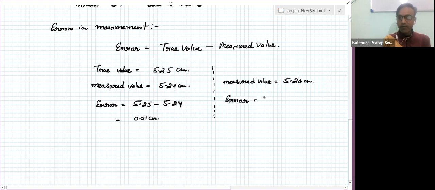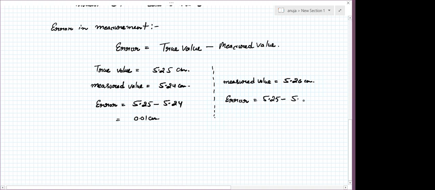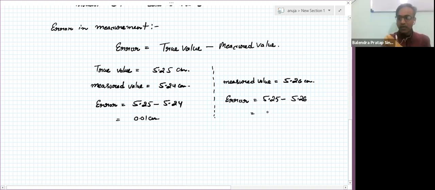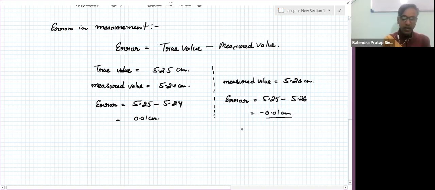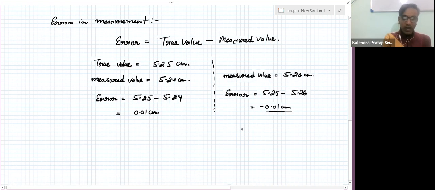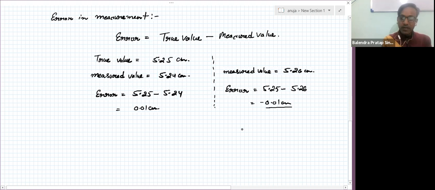Error is 5.25 minus 5.26, and here you get minus 0.01 centimeter. So error can be negative or positive. Okay, but in our calculation we will take the magnitude of this value. We will always take positive value. I will discuss it in our next part.